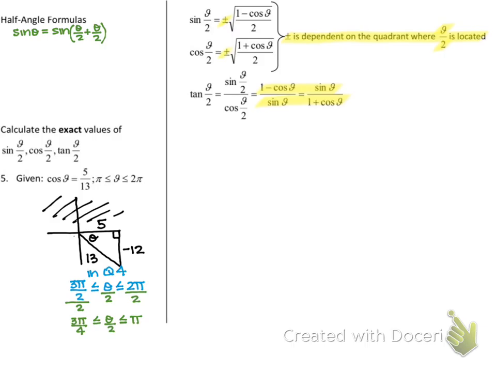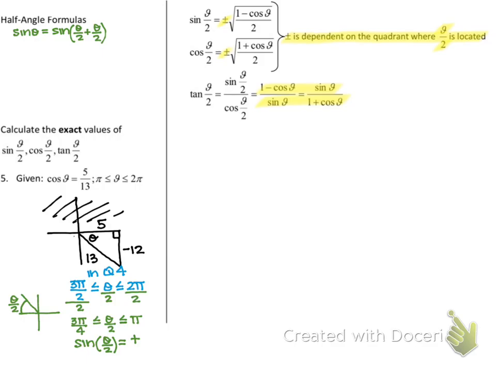Okay, so let's think about where this is located. I want to be at 3 pi over 4 and pi. So that means somewhere in here is where theta over 2 is. Somewhere in there. I don't know where exactly. I just know it's in there. So if I take a look at that, between 3 pi over 4 and pi, I know that sine of theta over 2 has to be positive because it's up.